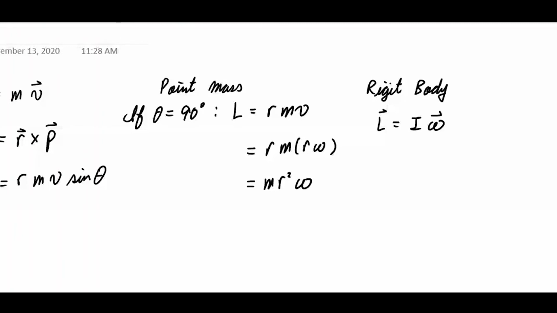Now, just like linear momentum is conserved because the planets in orbit remain there forever, angular momentum is conserved. So L initial is the same as L final. That is true. So what that tells you is I initial omega initial is the same as I final omega final.